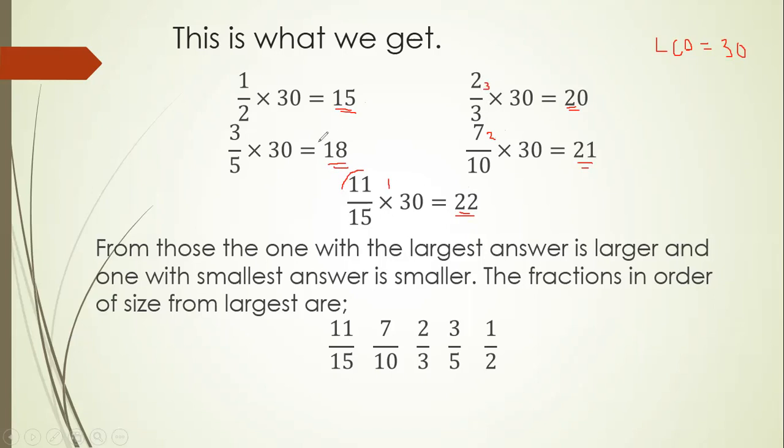This will take position 3, position 4, and then this one will take position 5. So if we are to arrange them, this is how the fractions are arranged in order, starting from the biggest. Basically, that is how we arrange fractions, starting from the biggest to the smallest, when dealing with fractions and quantities.